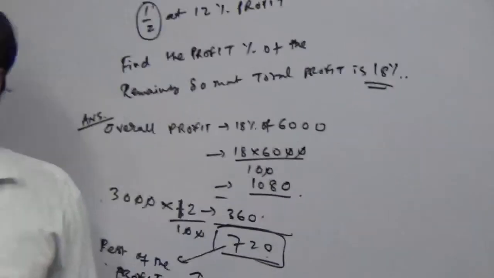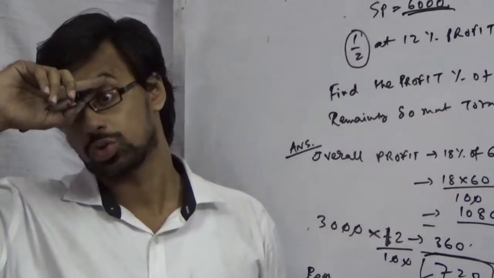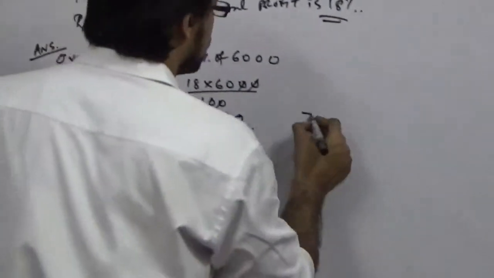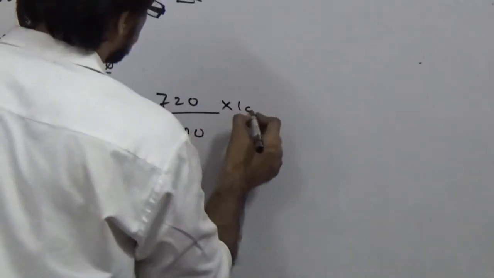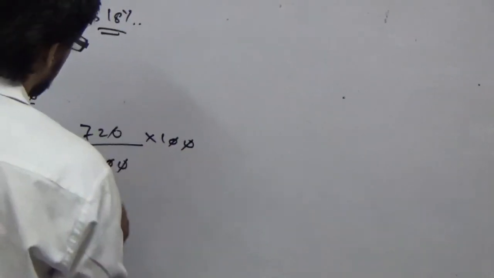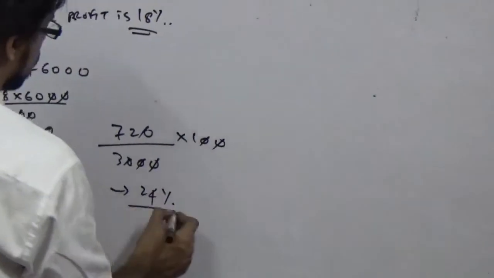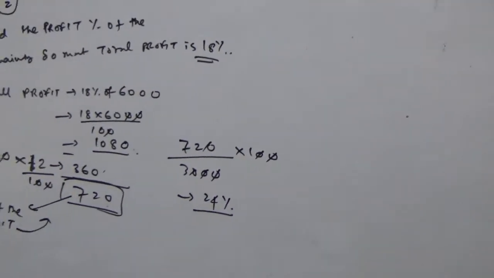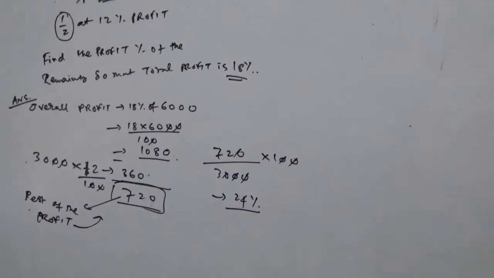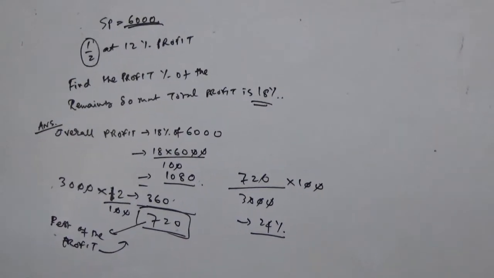He has to make 720 rupees profit out of the next 3000 rupees. So the profit percentage will be 720 by 3000 into 100. So he has to make a profit of 24% in the remaining item in order to get a total profit of 18%.